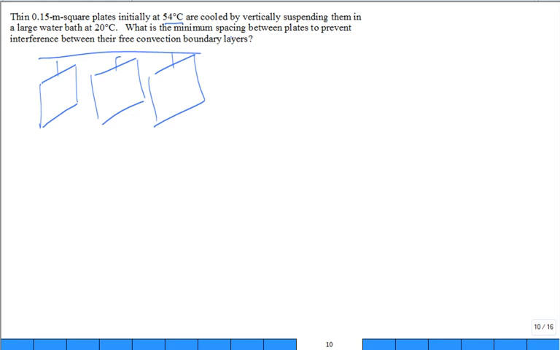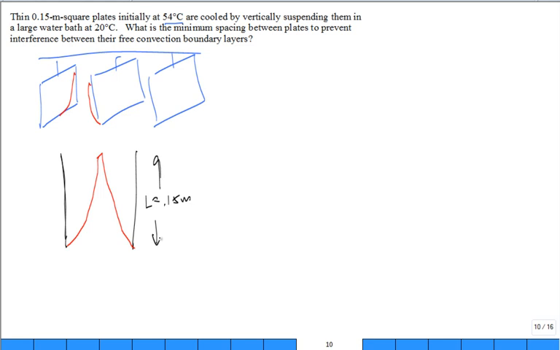What is the minimum spacing between the plates to prevent interference between their free convection boundary layers? So what happens is you get a boundary layer growing up that way and a boundary layer on the other side growing that way. Here are my vertical plates, and here's the boundary layer growing, and here's the boundary layer growing, and they meet. They meet when L equals 0.15 meter for that height.